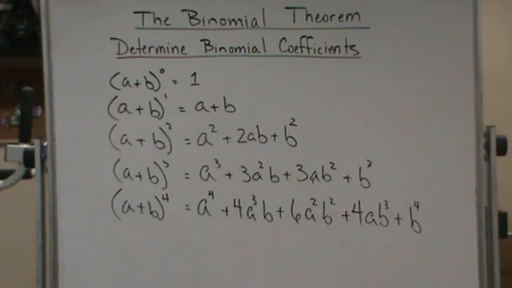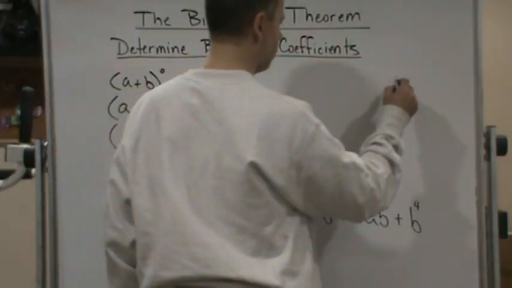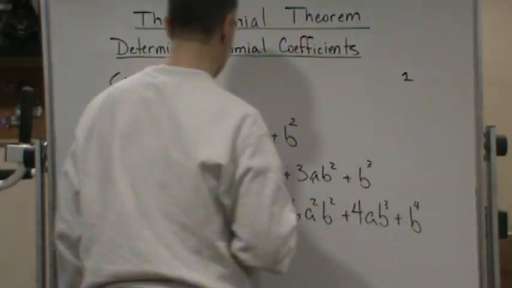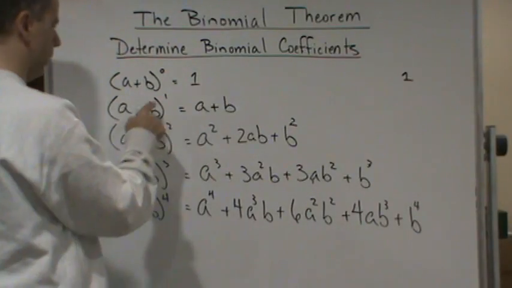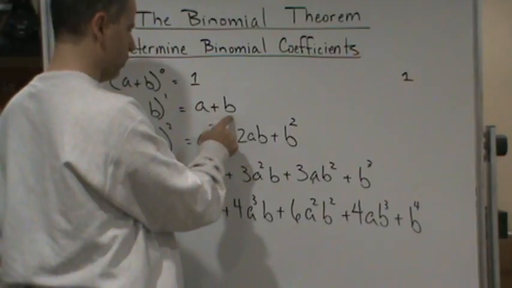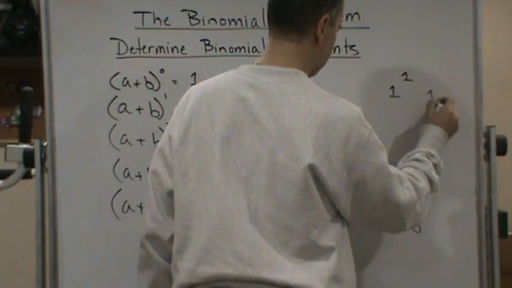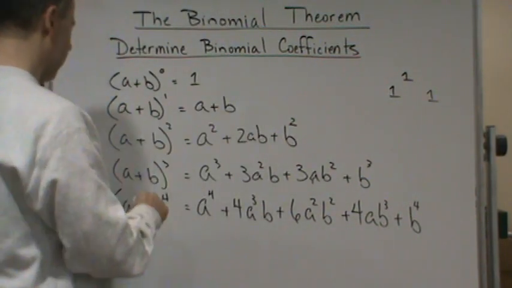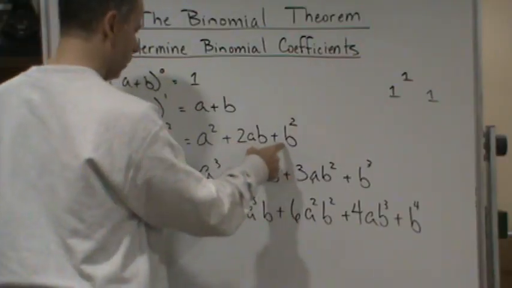And so we notice, if we look at the coefficients, we get what? The first coefficient is just 1, it's constant. Where the exponent is 0, we get 1. The exponent is 1, we get the coefficients 1 and 1. And then for (a + b)^2, the coefficients are 1, 2, 1.